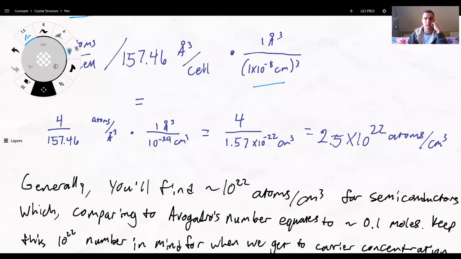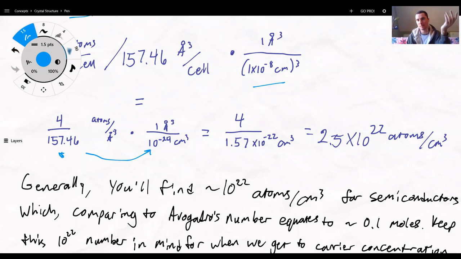So expanding on our equation here, we get 4 over 157.46 multiplied by this factor, because 10 to the minus 8 cubed is 10 to the minus 24.